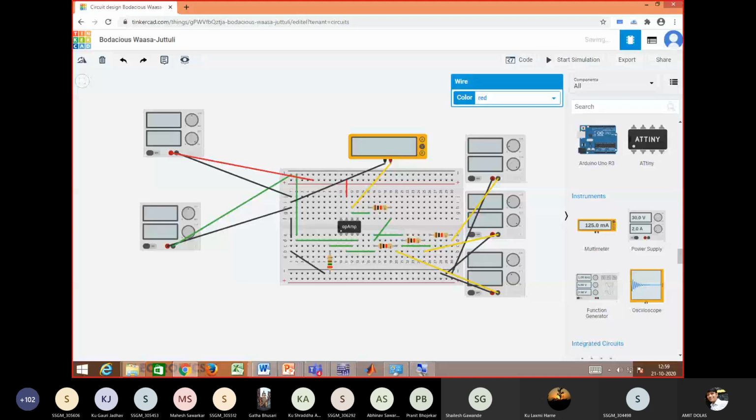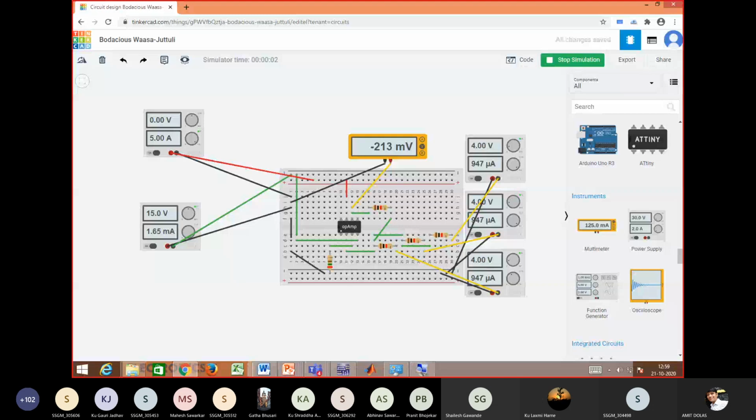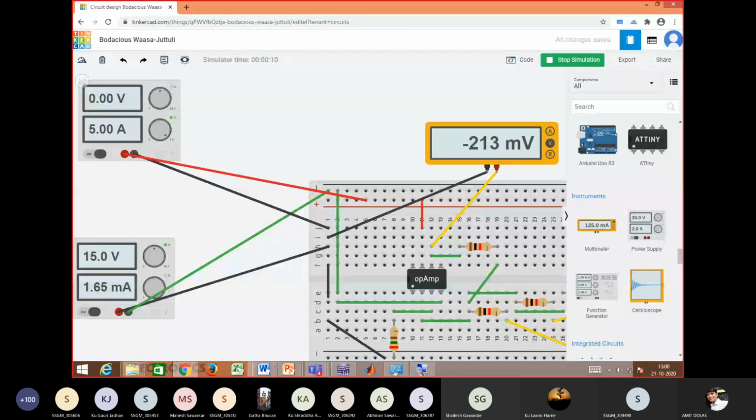Red value is 15, this value is also 15, wherein here your negative is used and positive is grounded. We have connected in the same fashion. Somewhere there is a problem. Let me find out. If not, we'll search for this problem later on.